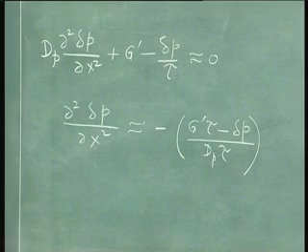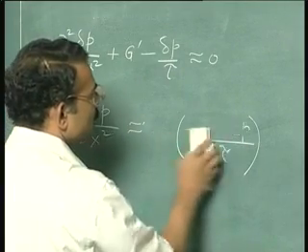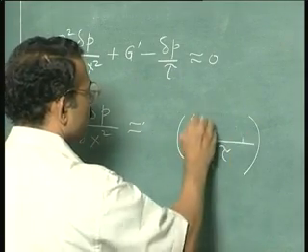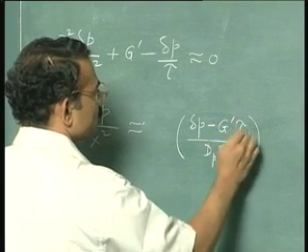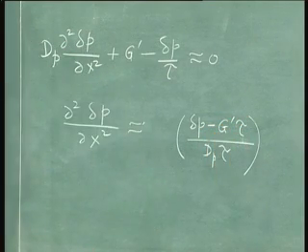We can write this as Δp minus g'τ, that is simple. Let us write it in this form. So this is the equation.